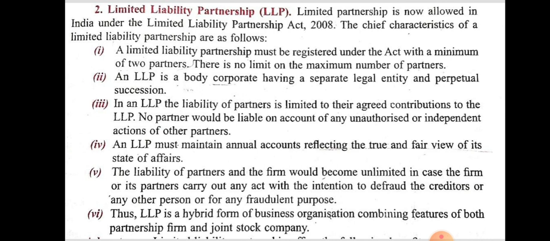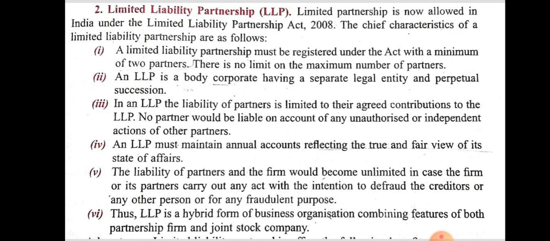The liability of partners and firm would become unlimited in case the firm or its partner carry out any act with intention to defraud the creditors or any other person or for any fraudulent purpose. Here we said that in an LLP, the liability is limited to the extent of the contribution.